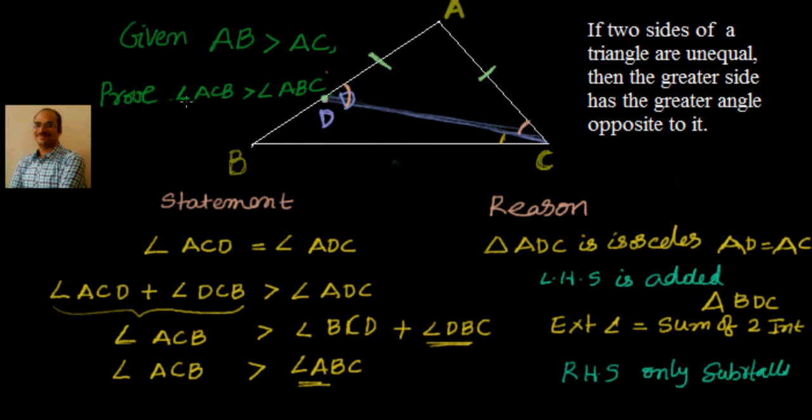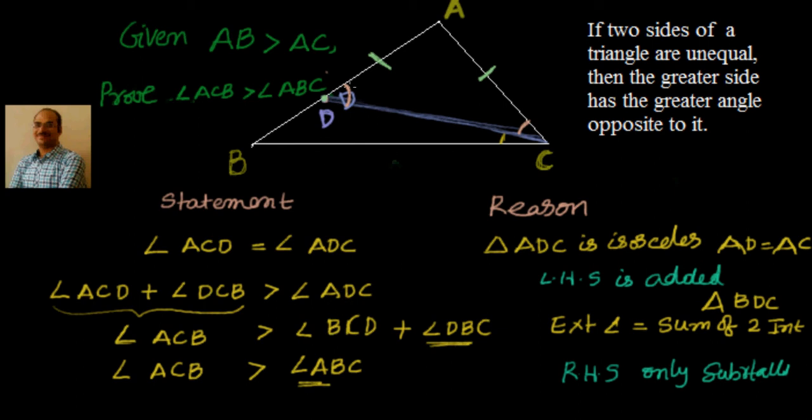Now if I look at the proof, I have to prove angle ACB. If I add angle ACD and this small piece angle DCB, I will get ACB. So I have added that on the left hand side. Now 10 equal to 10; if I add 2 only on the left side, then 12 will be greater than 10. So that's how I got angle ACB is greater than angle ADC.